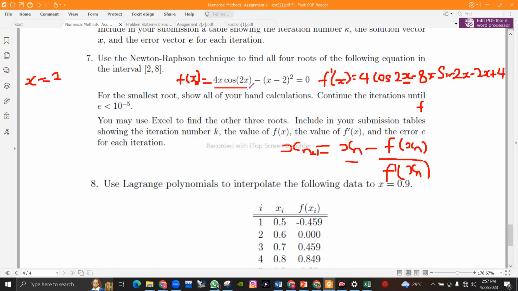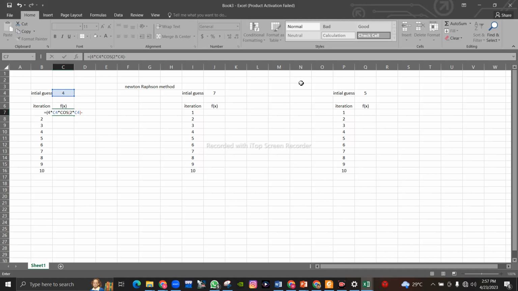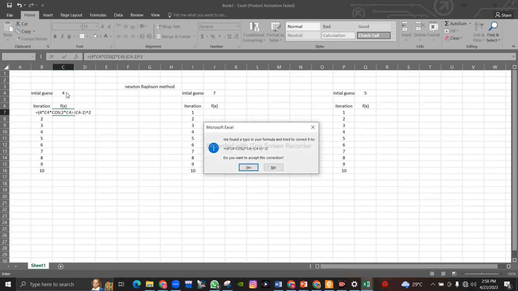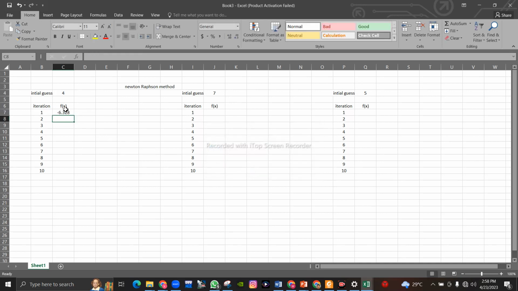Then minus bracket x, this is the same x, minus 2, bracket close, everything raised to power 2. So that's it. What's that? A typo? Where is the typo? That means this is not how to write raised to power 2. Let me see if we correct it. Okay, it has corrected: 4 times x cos 2 times x minus 2 raised to power 2. I did not close the bracket finally. That's the problem. So that is correct.